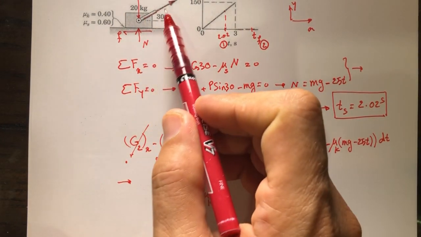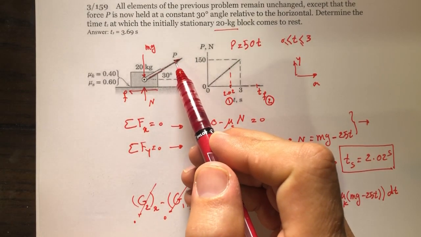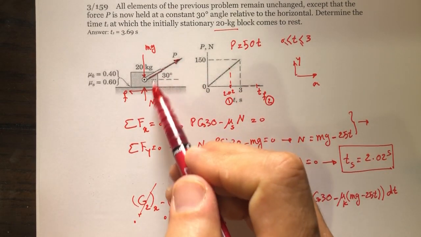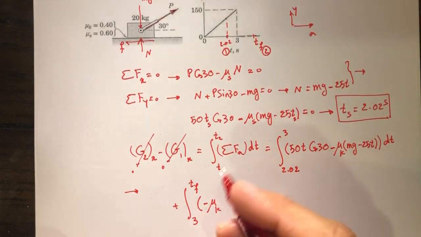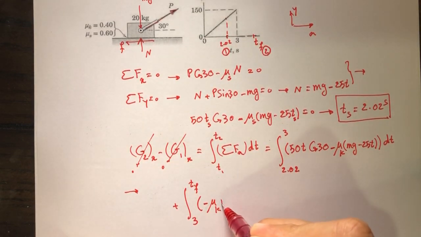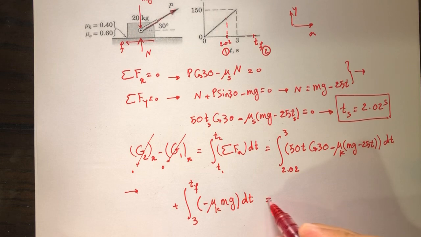And after P vanishes, the normal force is going to be equal to just mg, right? So the friction force is going to be mu k times mg dt. So everything is going to be equal to 0, right? Because the other side of the equation is equal to 0.